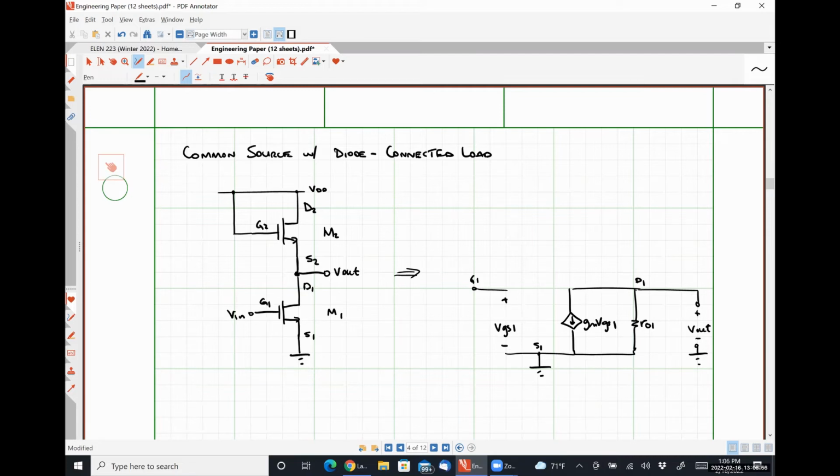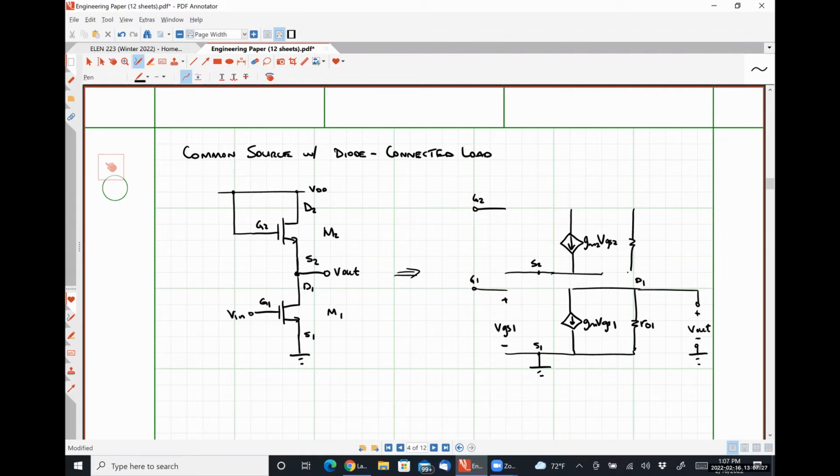Stacked on top, I have an NMOS transistor. So I'm going to have a strikingly similar small signal model where this node is S2. Here I have GM2 VGS2.